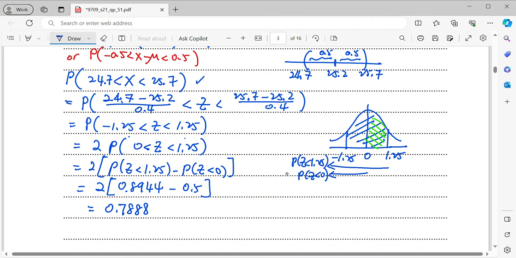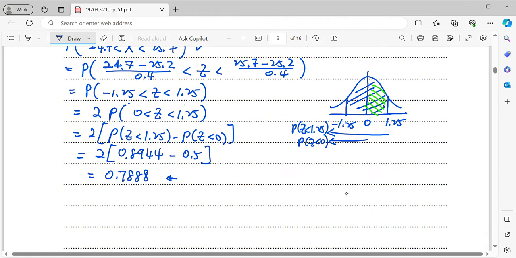So now this probability is not the final answer yet, therefore I give more than 3 significant figures, followed by a number of rows. 0.7888 is the probability for one row that has the length within 0.5 centimeter from the mean.